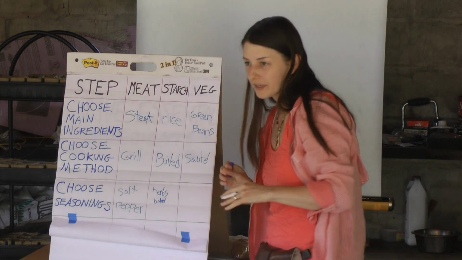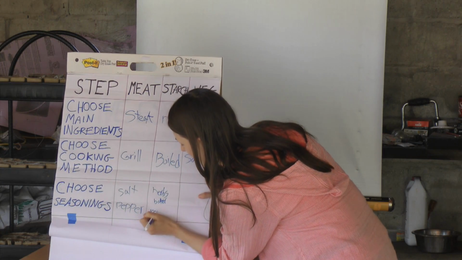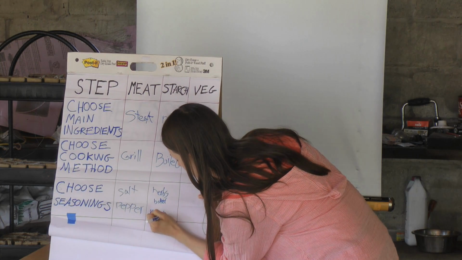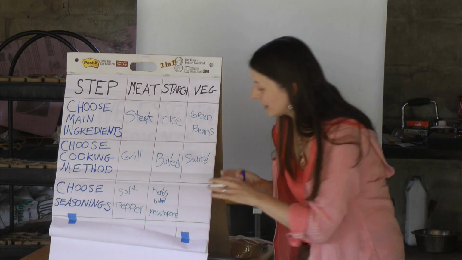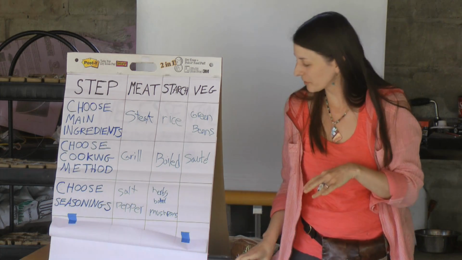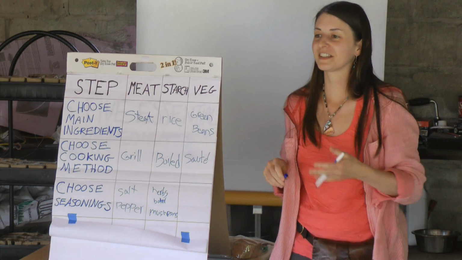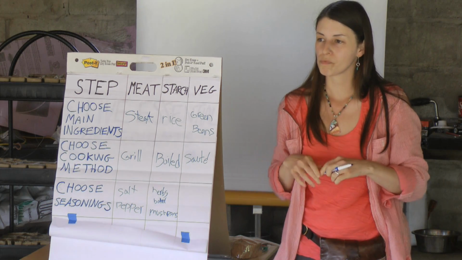I'm going to add one more thing. Let's add mushrooms. I know you really can't read that at all, but it says mushrooms. Okay, let's go with the green beans. So we're sauteing the green beans. That was your idea. So what are we going to put with the green beans? How are we going to cook it, other than sauteing it?